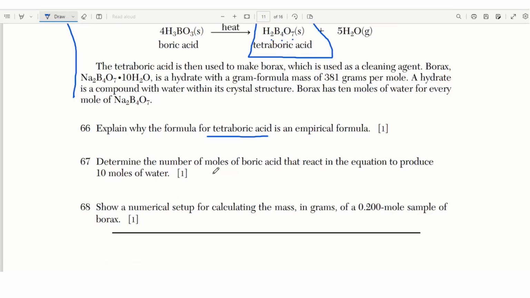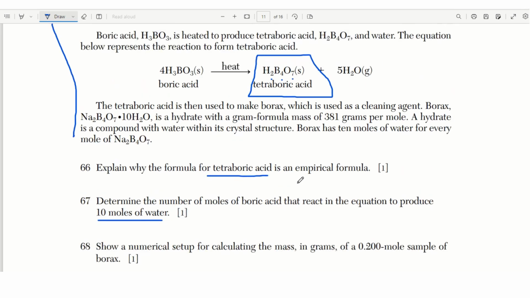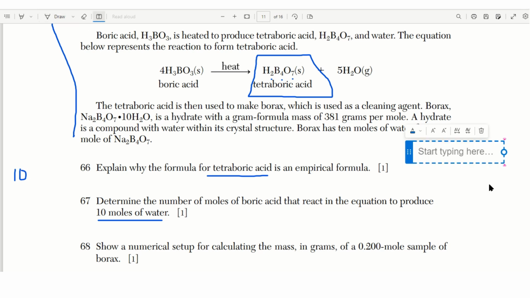Determine the number of moles of boric acid that react in the equation to produce 10 moles of water. Okay, so this is just a mole ratio question. So I want to produce 10 moles. Let me actually type it. I want to produce 10 moles of water, right?